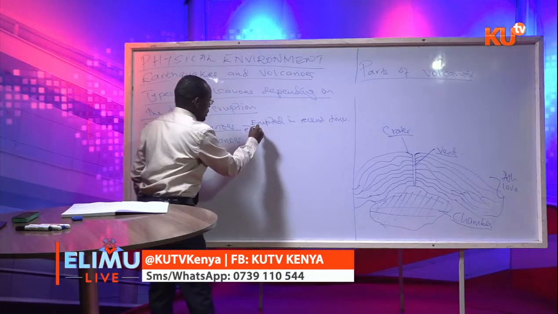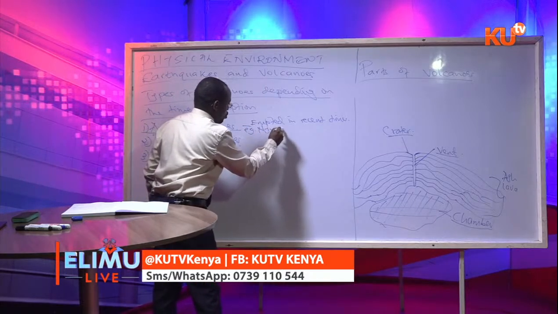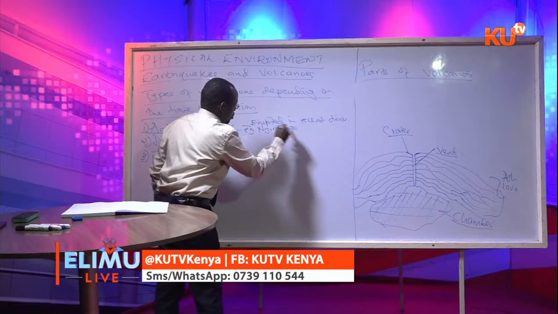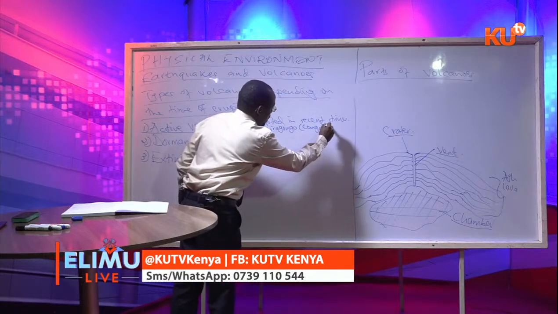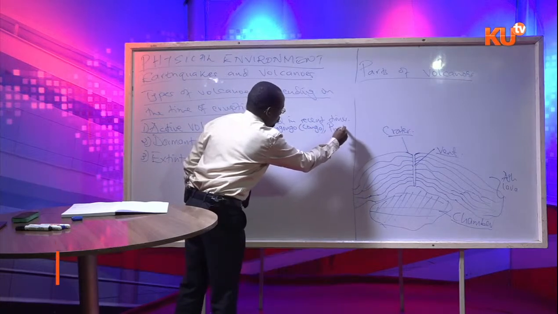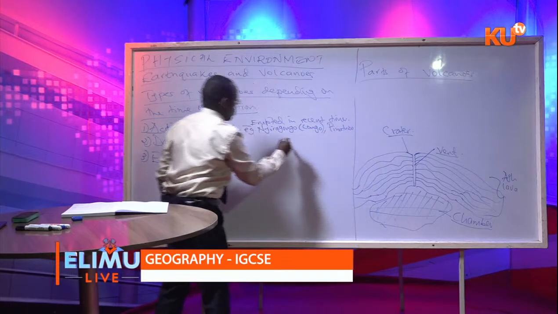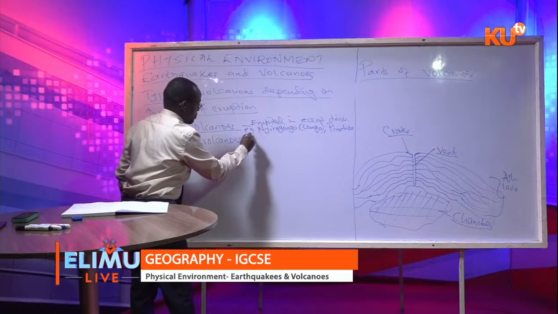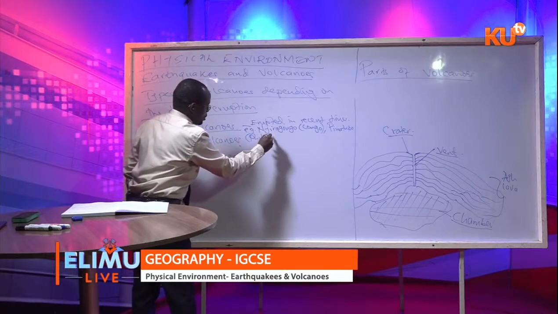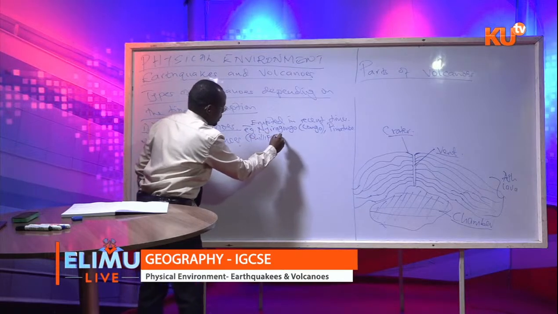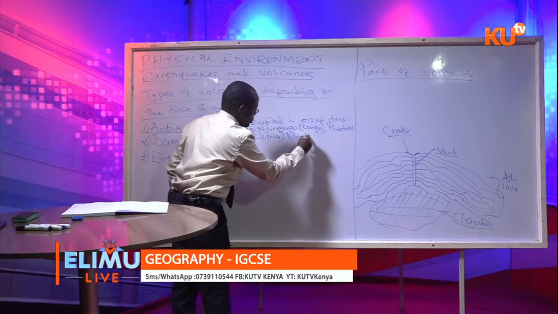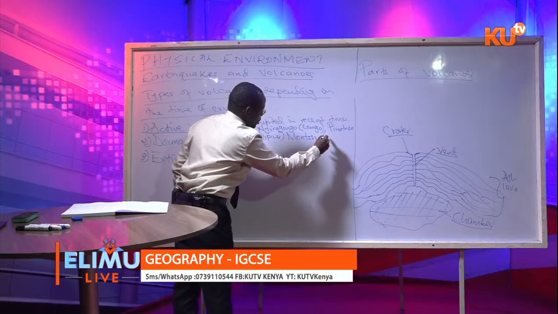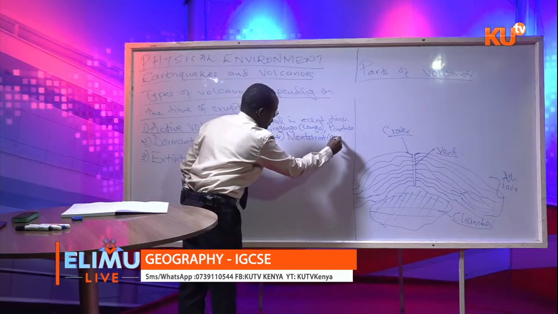Examples: Nyiragongo, this is in Congo. Then we have Pinatubo in Philippines, and we also have Montserrat, that is Caribbean.